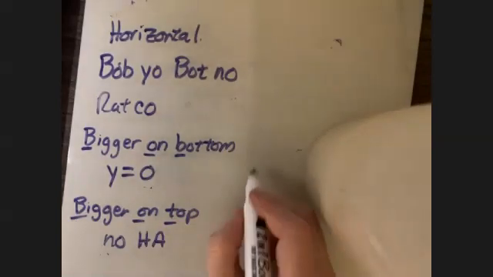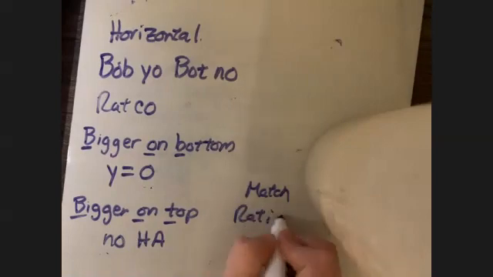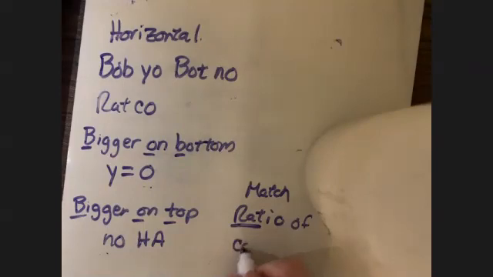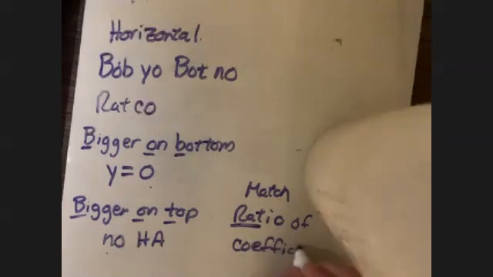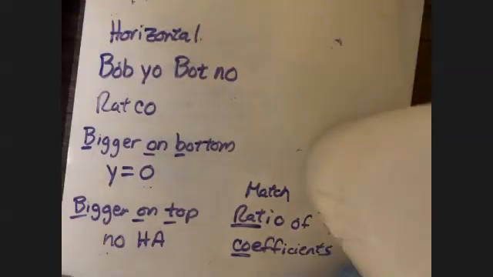And if they match, then it is the ratio of coefficients. So Ratco. Now, I'm going to show you a couple of examples of this so that you can see what's going on when I'm talking about Bobbio, Botno, Ratco.